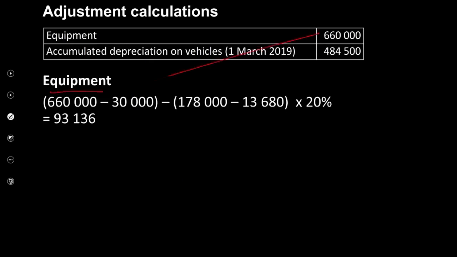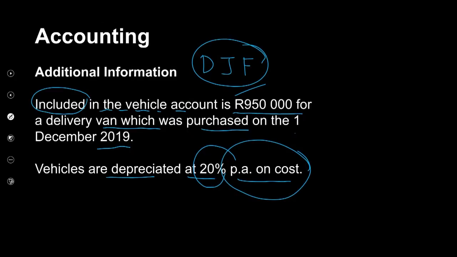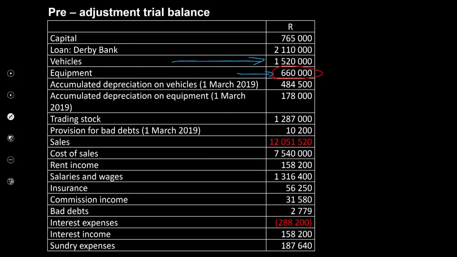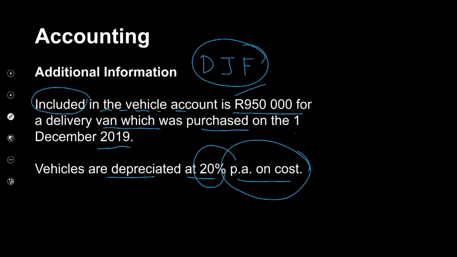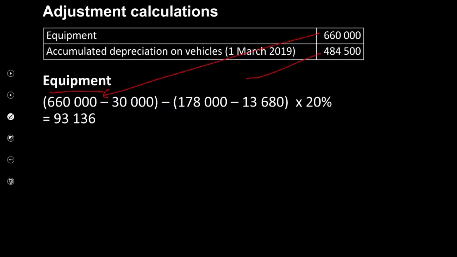Again, just to verify, there's the figure. What was the accumulated depreciation? 484,500. So what are we doing here now? Let's just get this figure correct here. Accumulated depreciation on vehicles. The 484 was the vehicles figure. That's not the one that we want. We want the 178,000. Therefore, let's just make this change here. This is incorrect. That's supposed to be 178,000.